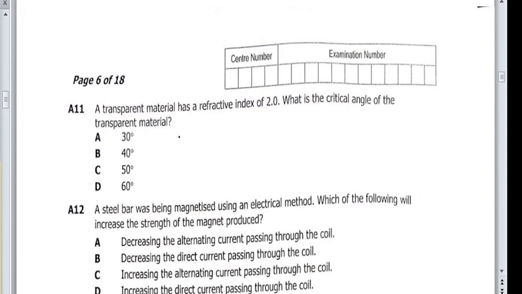Critical angle is found by the inverse of sine 1 over refractive index. So critical angle is equal to the inverse of sine 1 over refractive index.